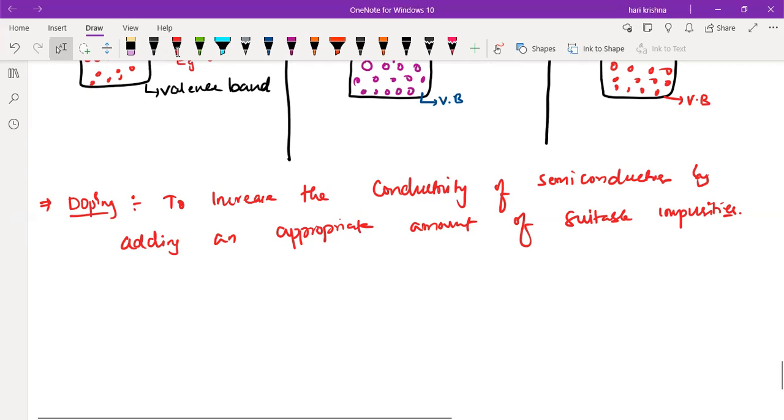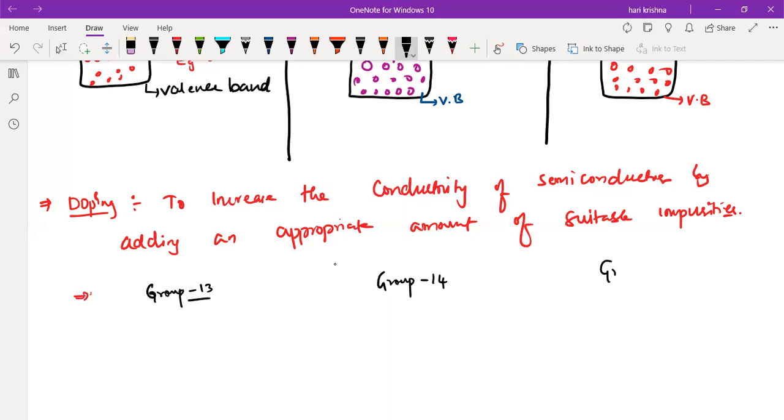What about the other two? At least can you tell me what is the valency of group number 13, group number 14, and group number 15?